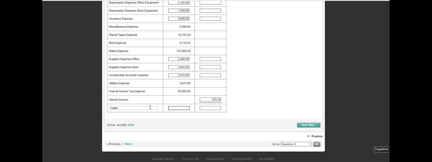Okay, just like in the lesson, this is when we total it. Oh, it just says to prepare the heading and record all account balances except for federal income tax. So we are not going to add that one in yet.